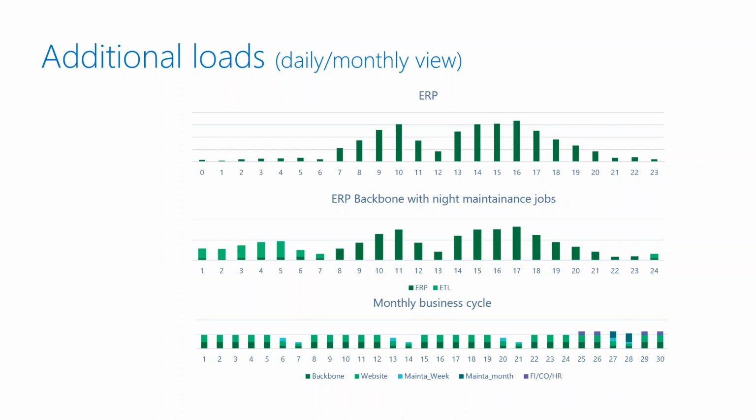And there are also additional loads like daily, monthly, yearly processes, especially when you combine those ERP systems. Imagine on the last graph, you can see monthly cycles, and then there is this finance, controlling, HR work that usually goes on in the last week of the month: salaries, billing and stuff like that.